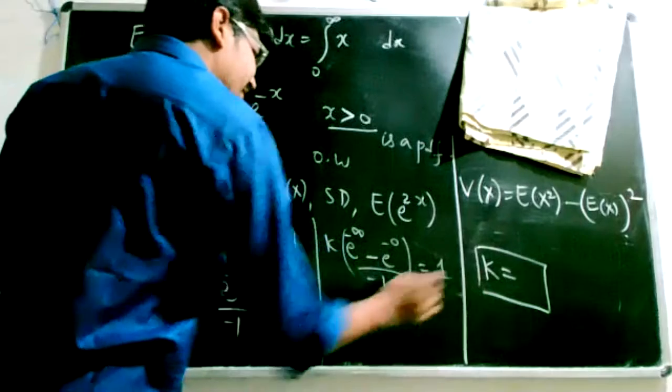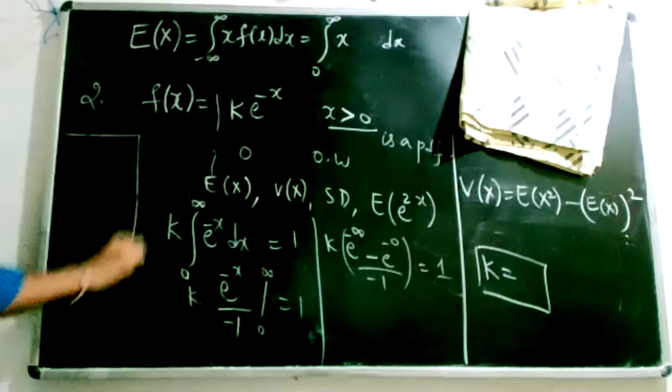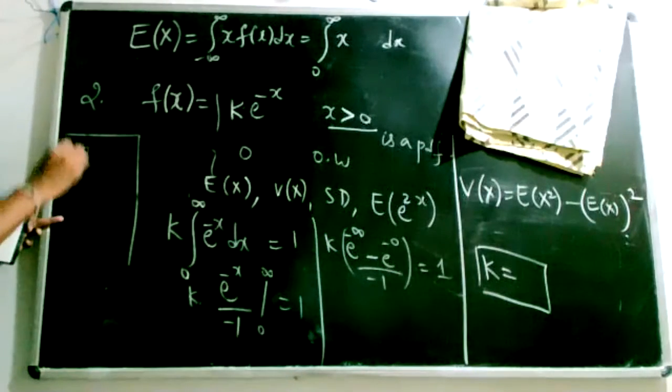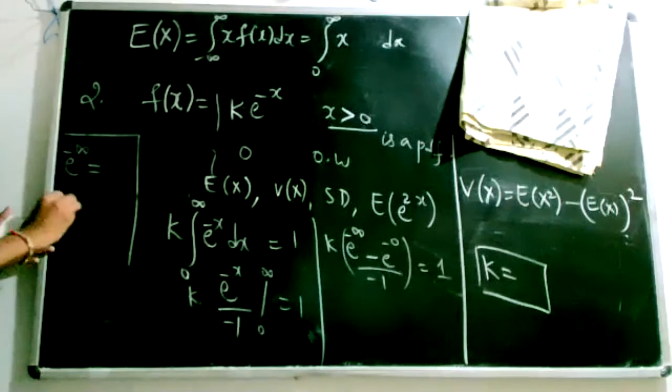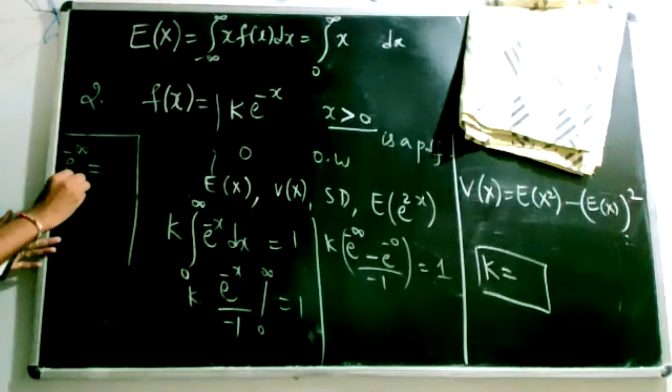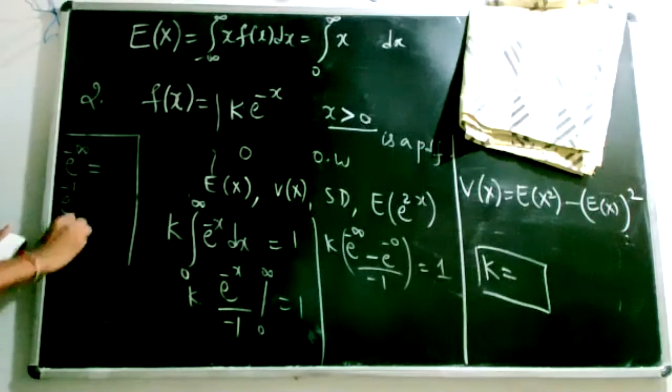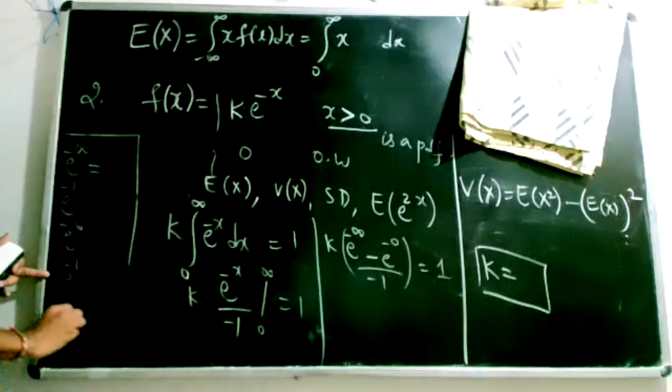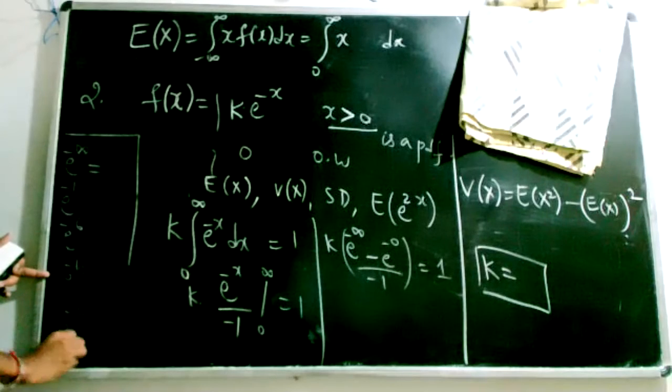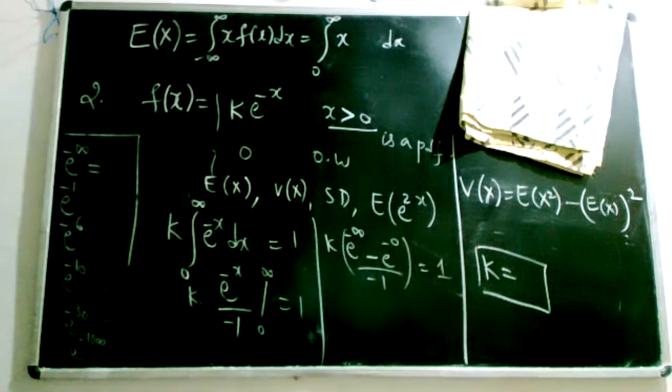Now e power minus infinity. Now how to check what is the value of e power minus infinity? Now you can take your calculator and see. See what is e power minus 1, e power minus 6, e power minus 10, e power minus 30, do e power minus 1000 and see what you get the answer.